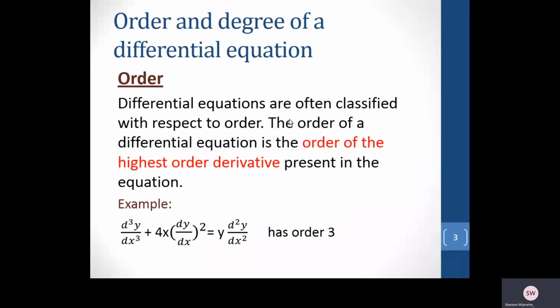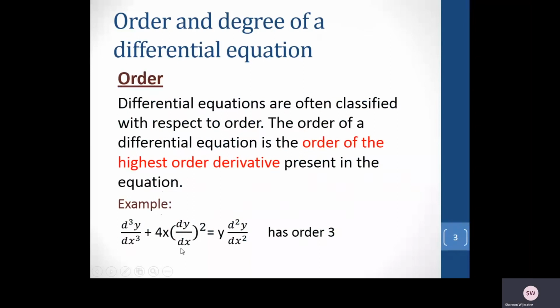So first we will consider order. A differential equation can be classified with respect to the order. So the order means the order of the highest derivative present in the equation. If we take this example, the first term in this equation is the third derivative.